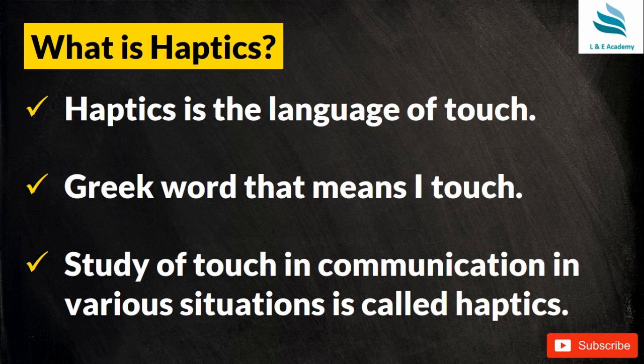Now we all know that while communicating, we often get the feeling of interaction, the feeling of intimacy at different levels. Whether you're talking to your parents, your wife, your friends, your colleagues in the office, your seniors, every communication is different. And a few of the communications would involve touch.